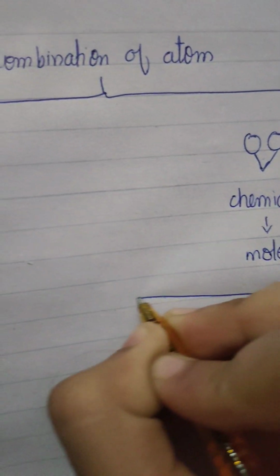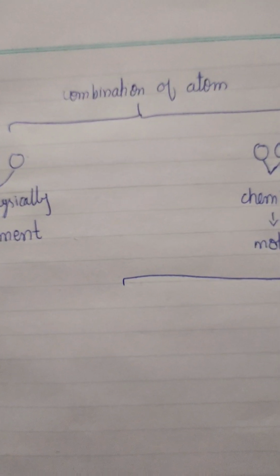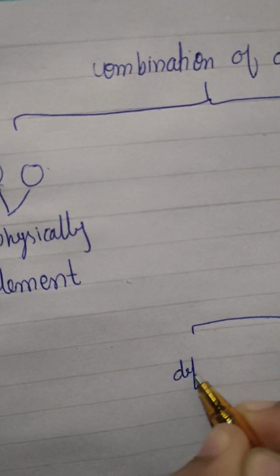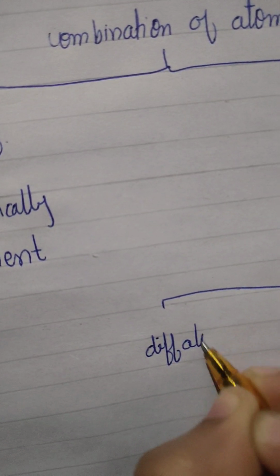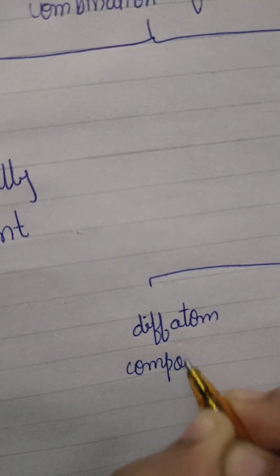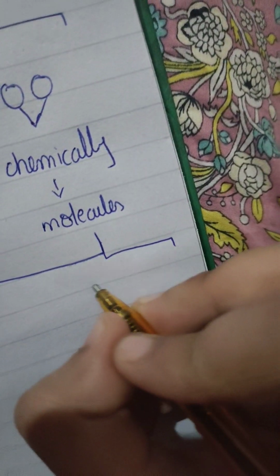Now we have two different types of molecules. Let's have our discussion on it. When we have different atoms, different atoms will make a compound, and the same atoms will make what?